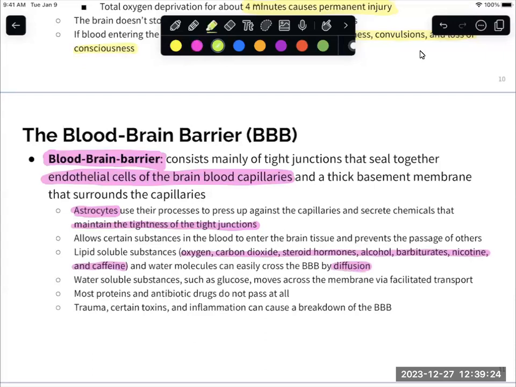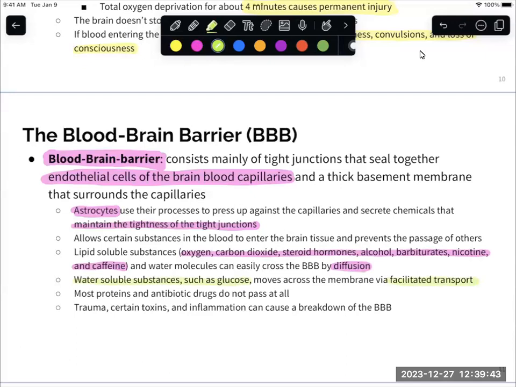The water-soluble ones, like glucose, are going to use facilitated transport. Most proteins and antibiotic drugs cannot cross that blood-brain barrier.